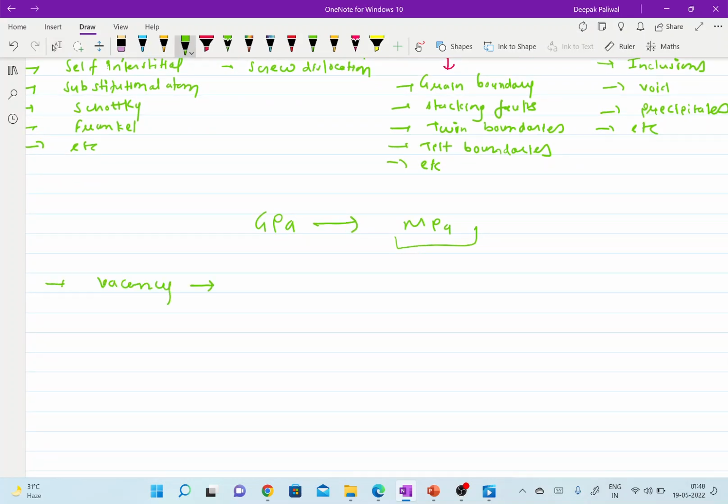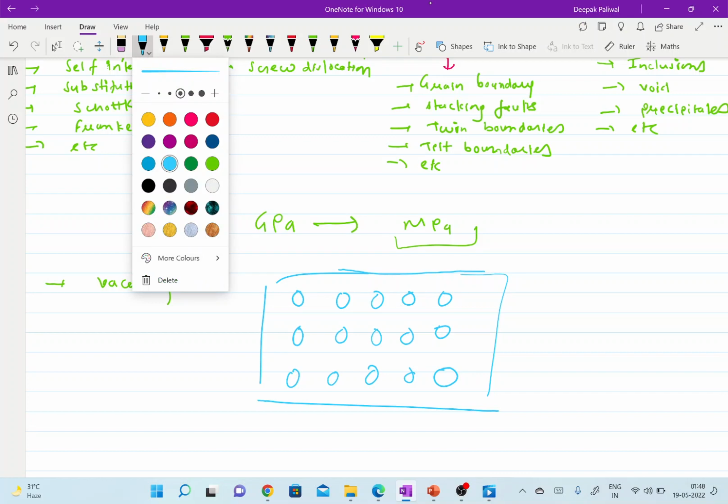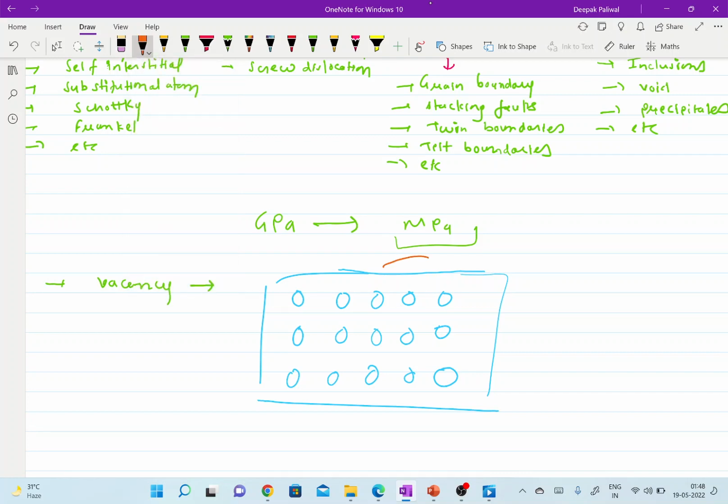As the name suggests, suppose we have atoms inside the material. This is our material, and we have atoms. Suppose by some means these atoms go out, or these atoms go anywhere else inside the material.